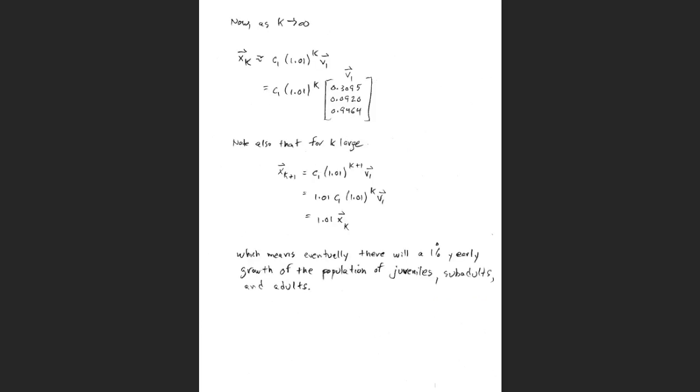And so as k goes to infinity, the number of juveniles, subadults, and adult owls will equal C1 times 1.01 to the kth power times this eigenvector.